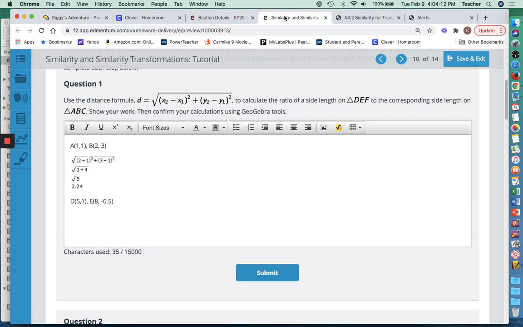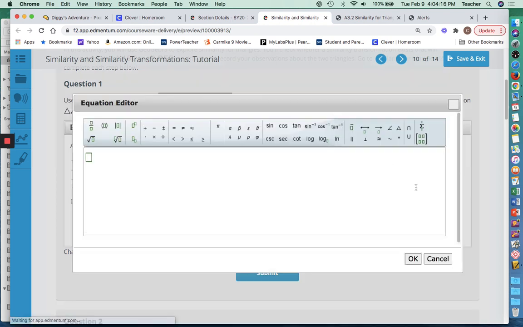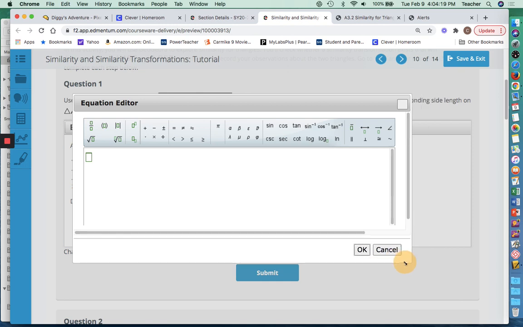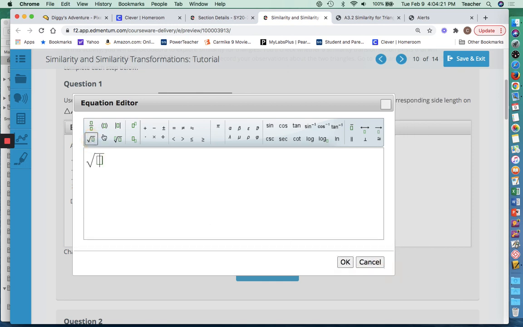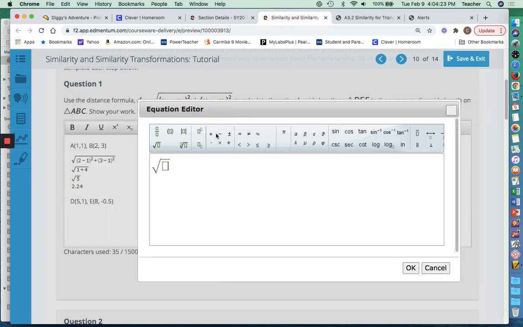All right, so I need to do the distance formula again, except with my new numbers. So I'll come back to my equation editor. Make this a little bit smaller. So x2 minus x1 squared plus y2 minus y1, so it's going to be negative 0.5 minus 1 squared.